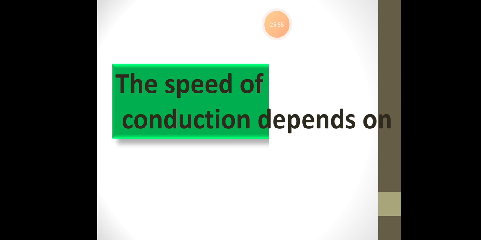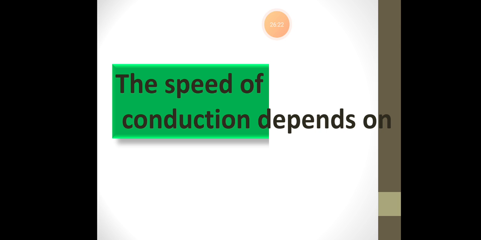The speed of this conduction depends on many factors. Now we are going to discuss the factors that affect the speed of conduction. The first one is the diameter of the axon. You all know about diameter.